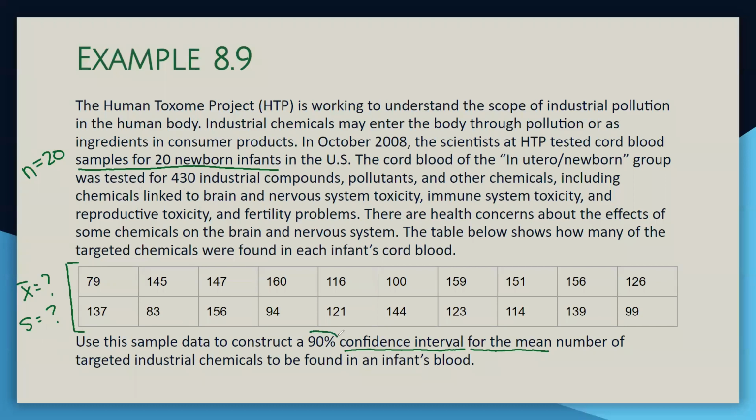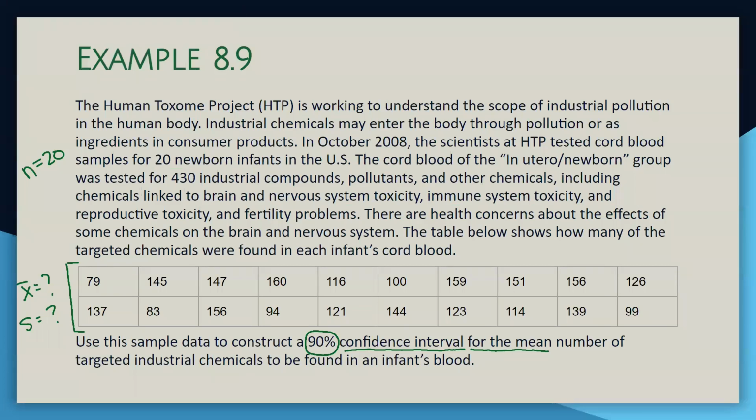And then we're going to need the raw data and the confidence level. That's what our calculator needs. All of those other numbers, sample size, sample mean, sample standard deviation, the calculator is going to collect from that raw data.